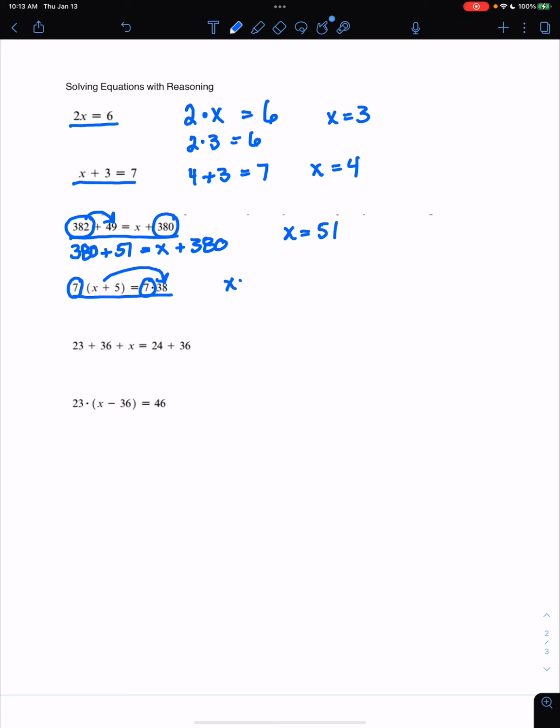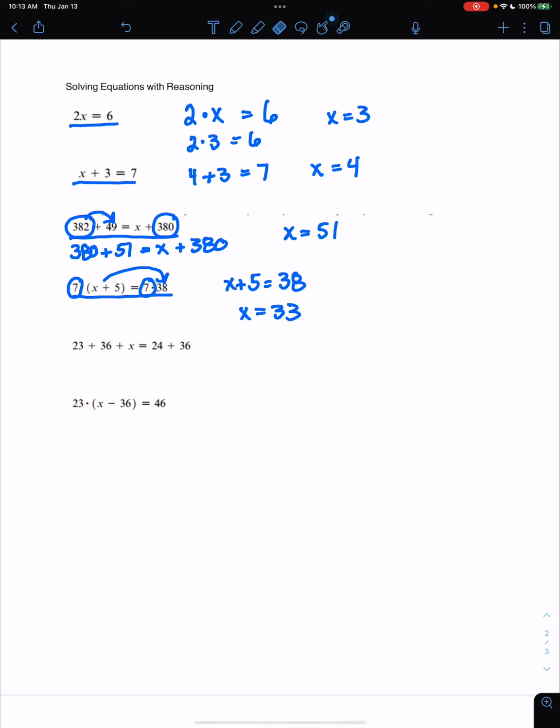So x plus 5 has to equal 38 in this equation. And then I can use my reasoning to say, okay, something plus 5 equals 38, x must equal 33. Even though they're a little bit more complicated, we can look at these equations and see some patterns where we can use our reasoning to solve them.